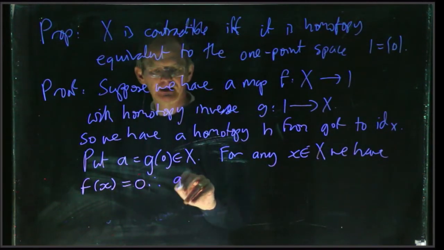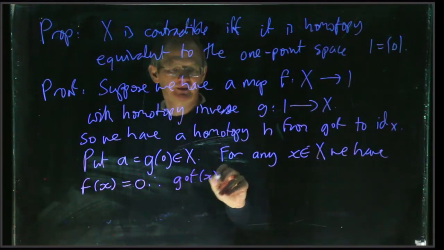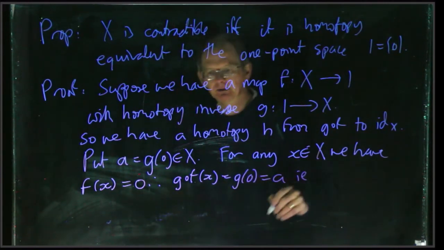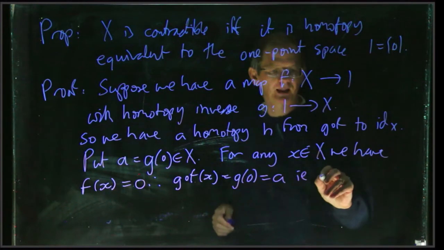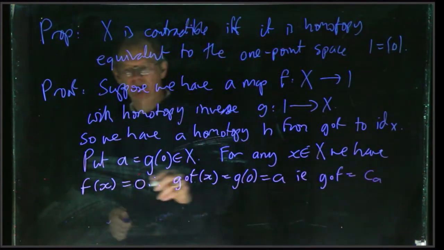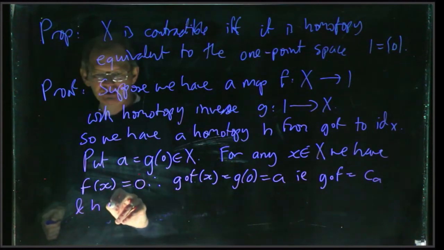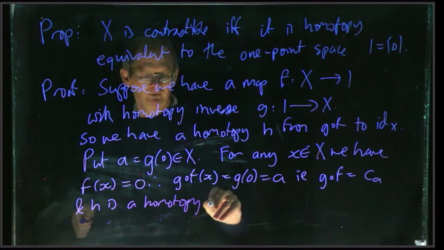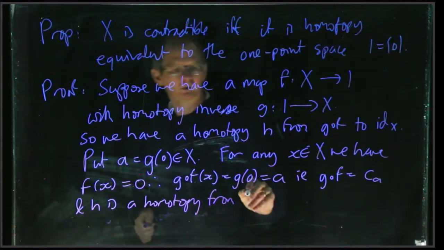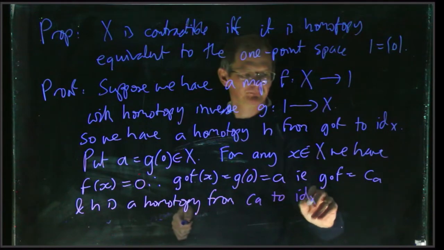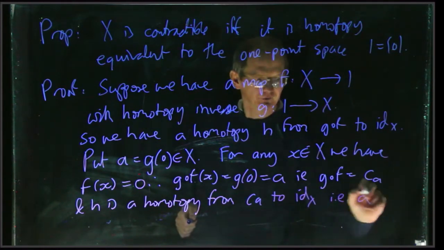And so G composed with f of x is G of 0, which equals A. In other words, G composed with f is just the constant map CA, and H is a homotopy from CA to the identity on X, i.e. a contraction.